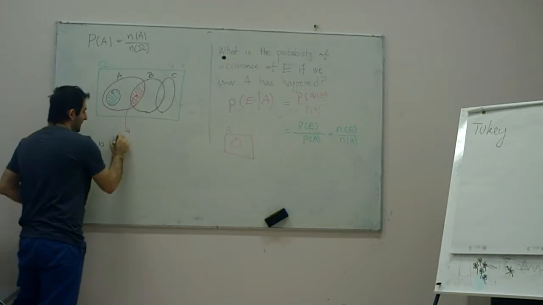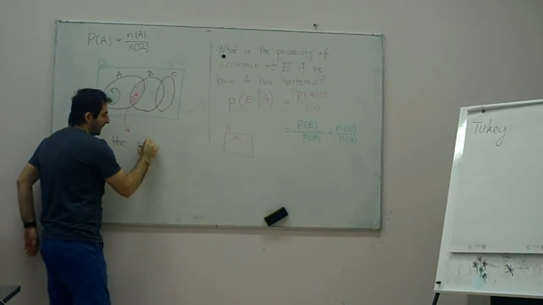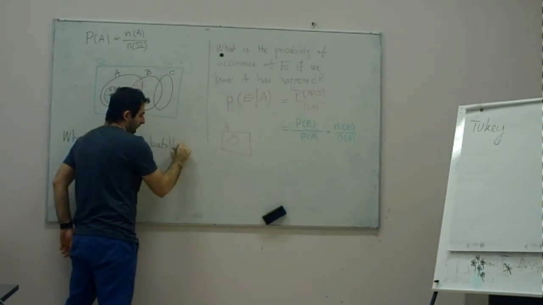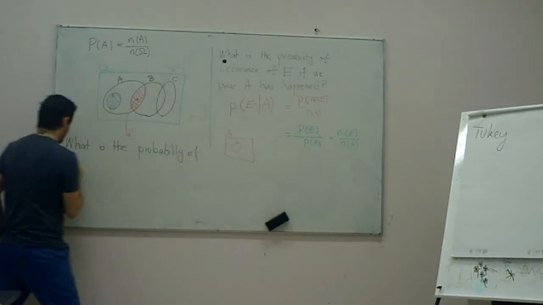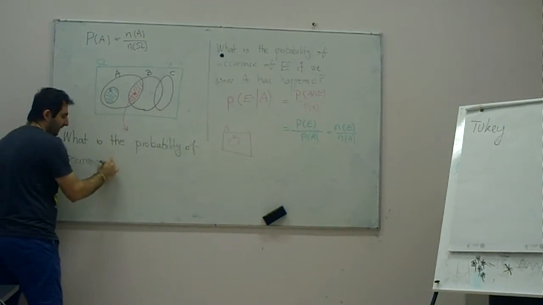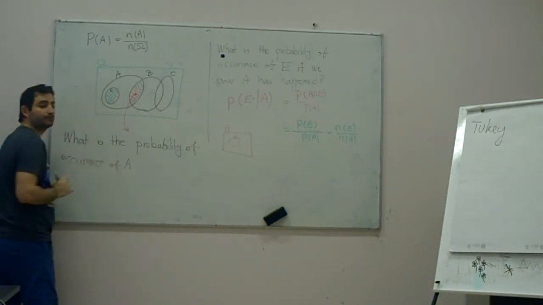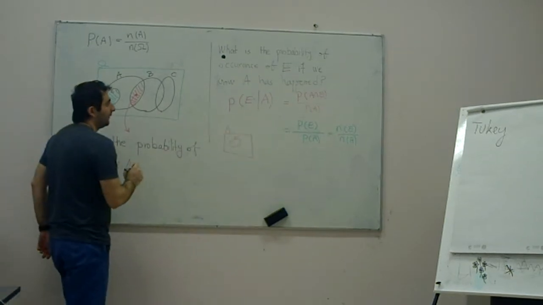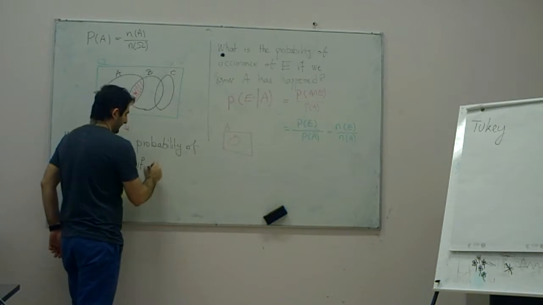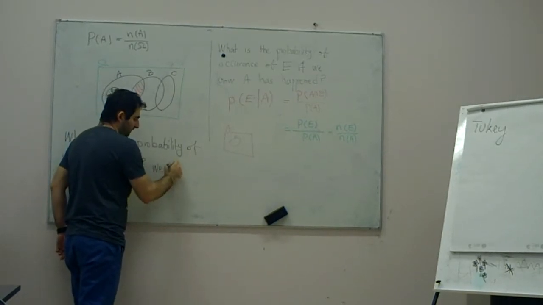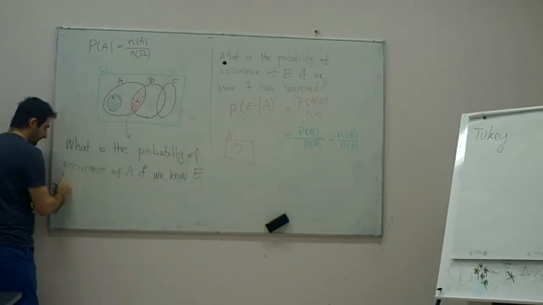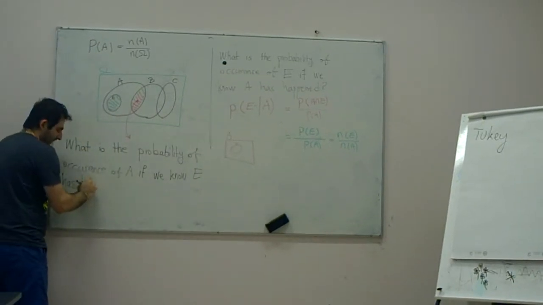Now, for the next question, what is the probability of occurrence of A if we know E has occurred, has happened?